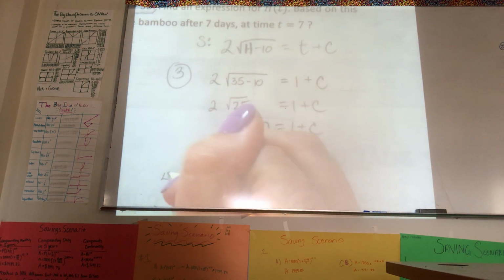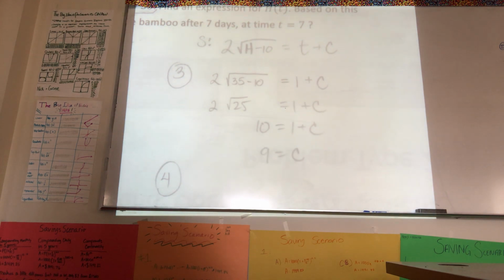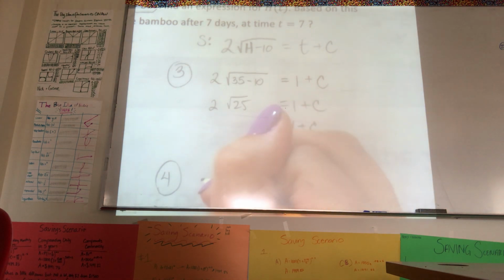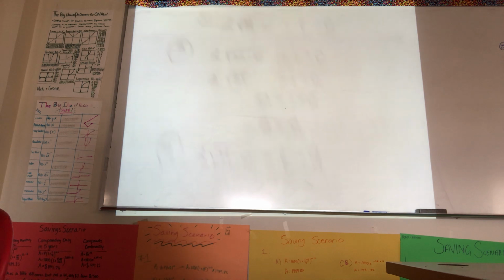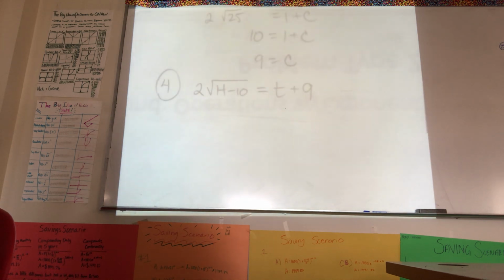You ready for step 4? Yes. Which is, I have the C, so I put the C in. Sub C back in. In this case, are we solving for H?